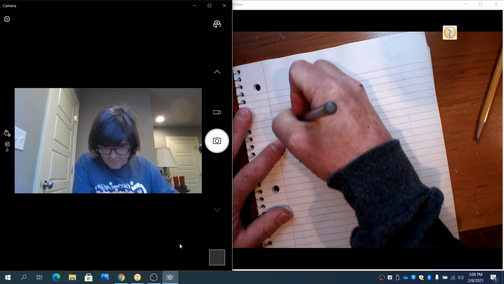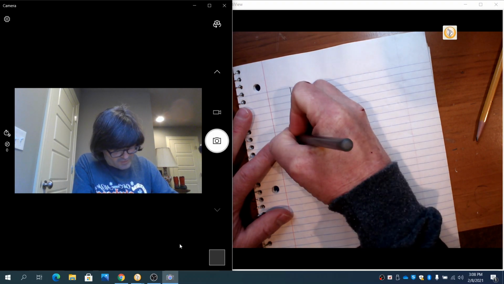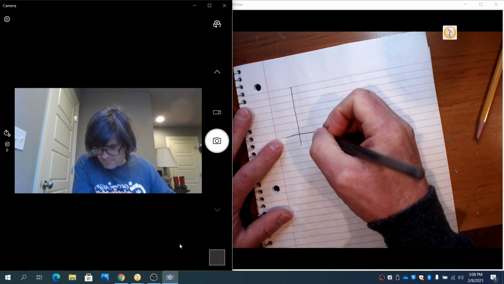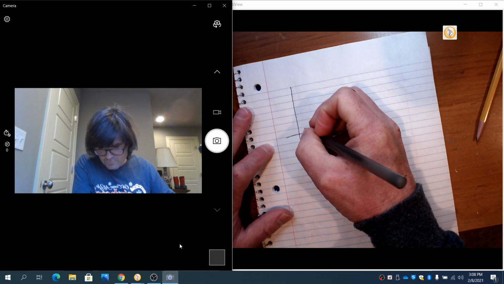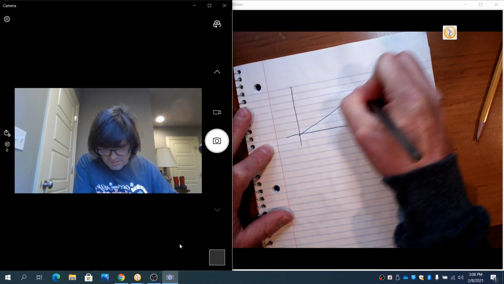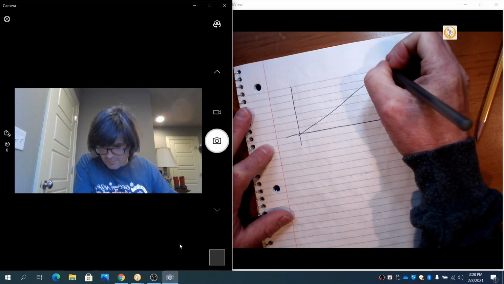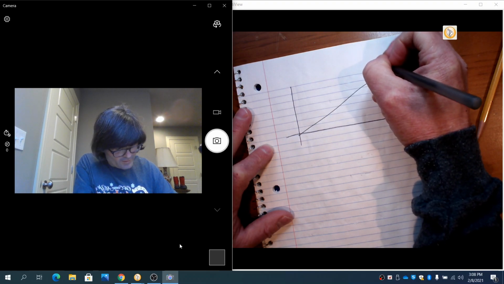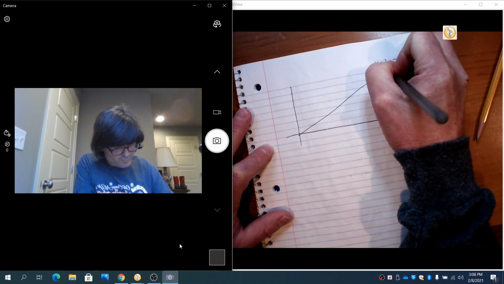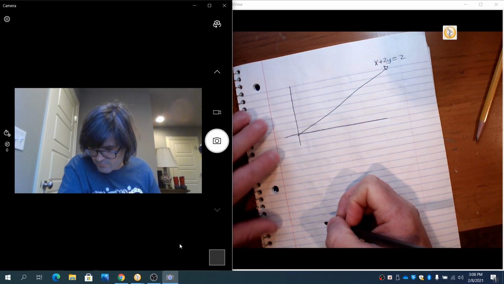I'll just start with a relatively simple one, just a linear. This is going to be the line x plus 2y equals 2.